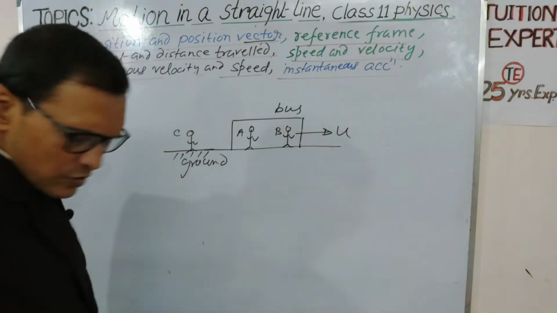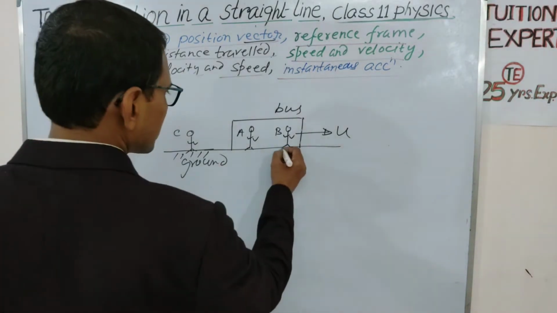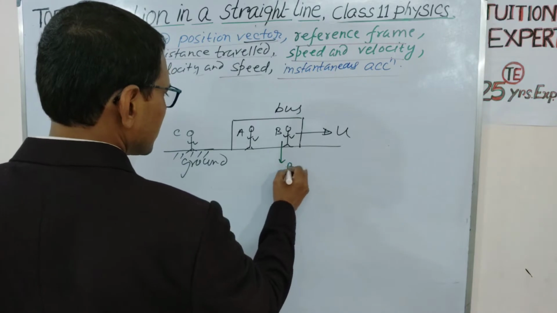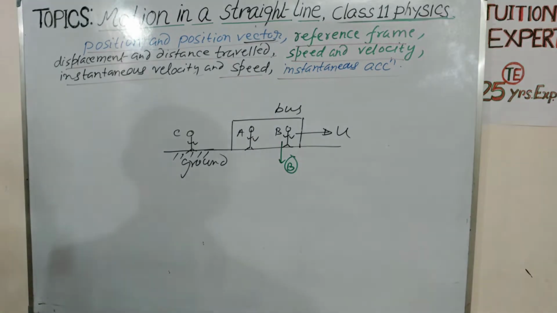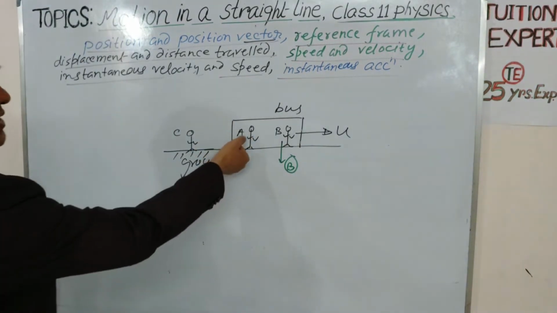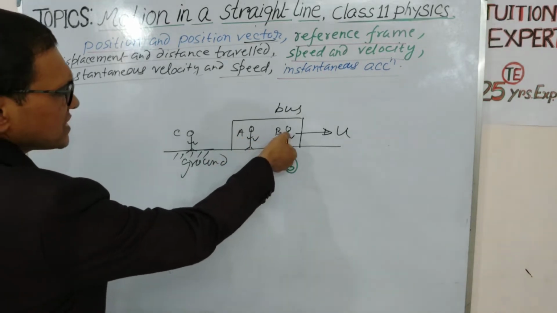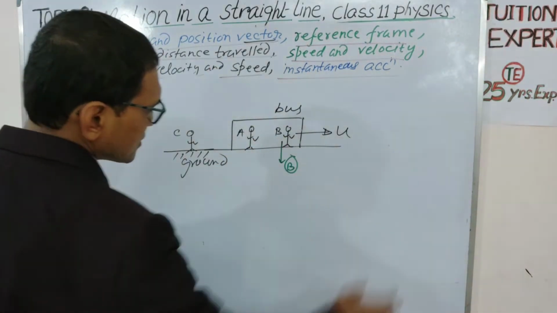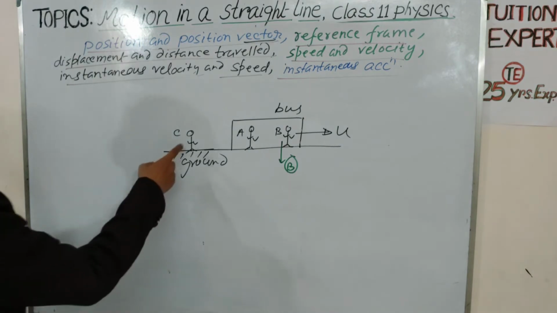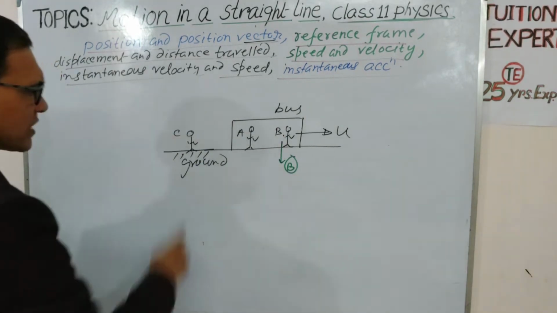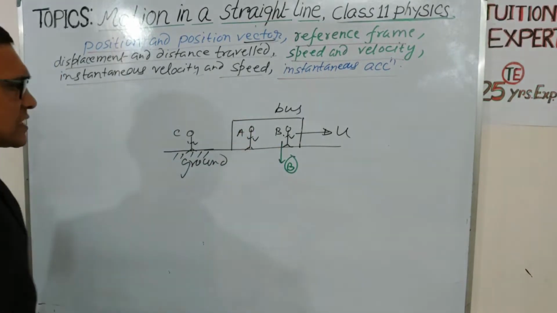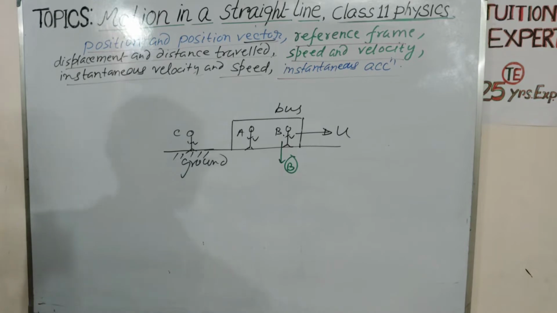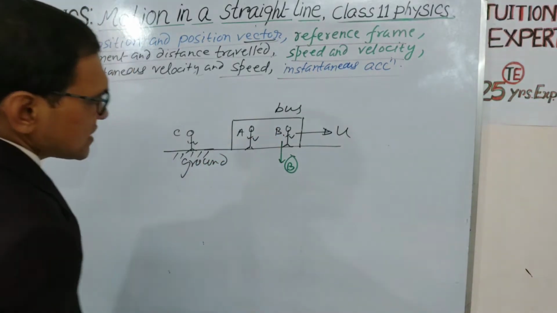Now consider the motion of B. The person B is at rest with respect to A, because both are moving with the same velocity, but person C sees that man moving with velocity u. So with respect to C, the man B is in motion, and with respect to A, the man B is at rest.